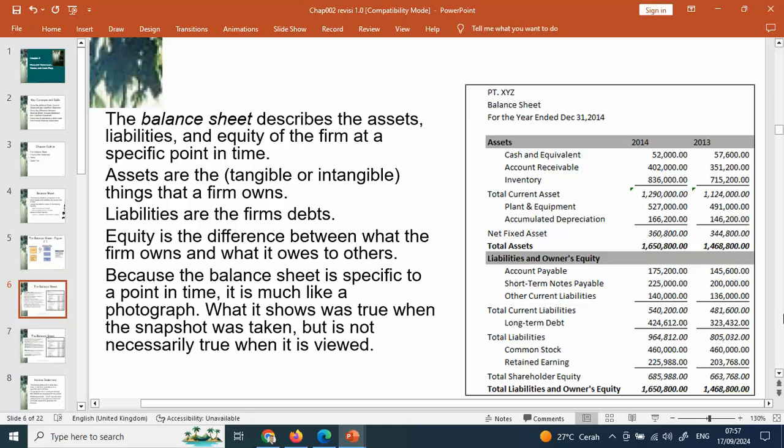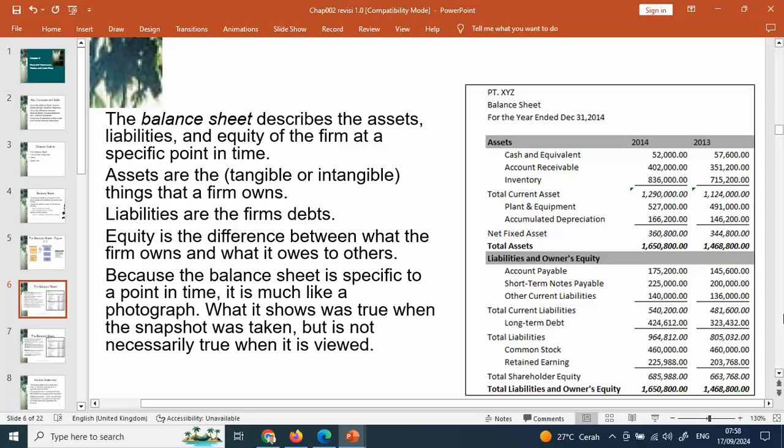The firm owns the total assets, the company owes the total liabilities. So equity is the difference between total assets and total liabilities. It consists of common stock and retained earnings.